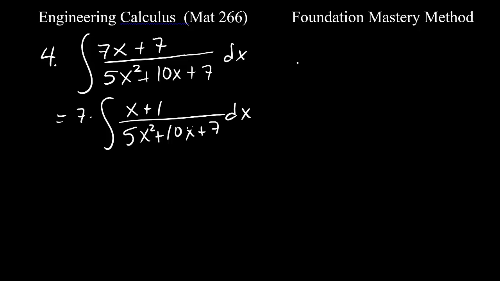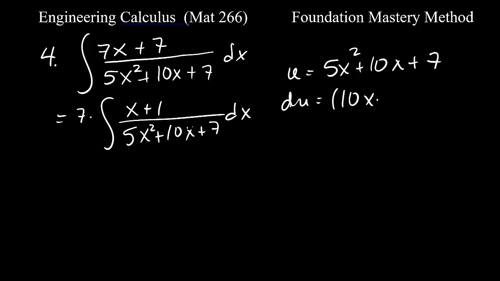Now if we make the u substitution, letting u equal 5x squared plus 10x plus 7, we have that du will equal 10x plus 10 dx, or simplifying that a little bit, du equals 10 times x plus 1 dx.